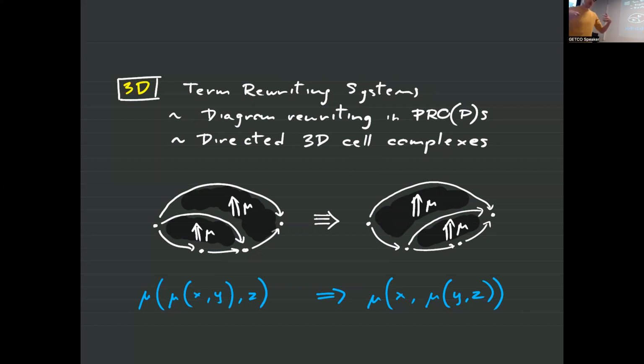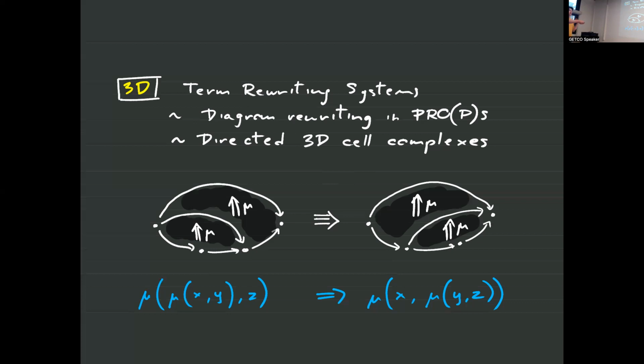And through this embedding, term rewriting becomes diagram rewriting in some particular monoidal categories. And monoidal categories are a special case of two-dimensional categories.